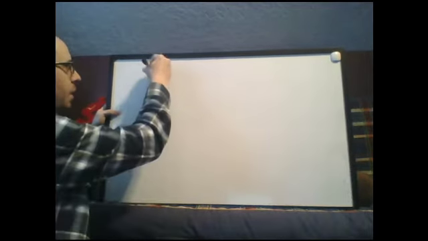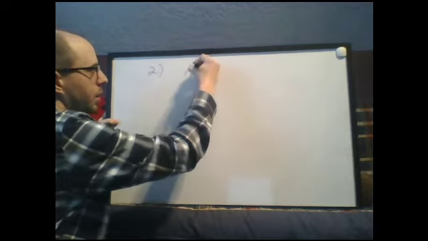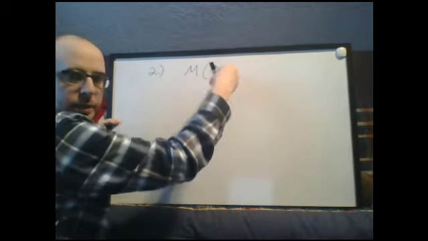Okay, so next we have an example where we're doing matrix multiplication within the ring M2(Z5).